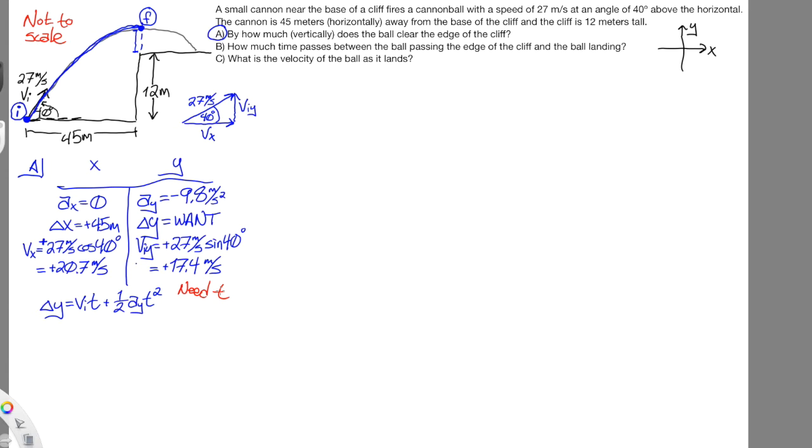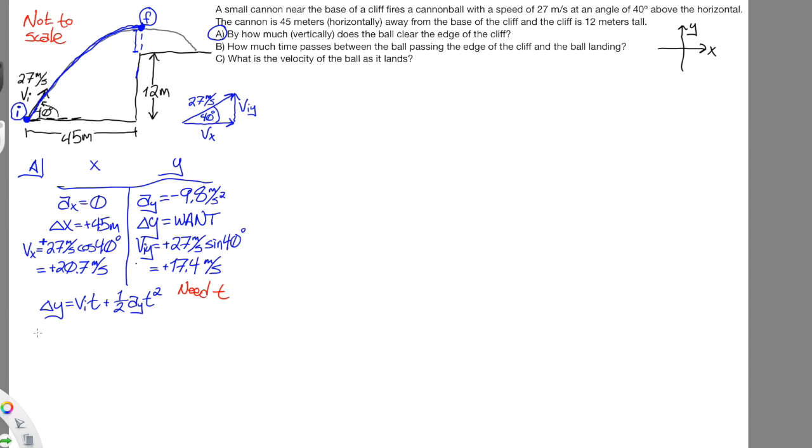So this time, the y direction can't find us our time. We're going to need to look in the x direction instead. It's because this final point up here, it's not when the ball hits some y coordinate that it stops the little timer we have going here. We want to know what happens when it passes this x coordinate. So that means that x is going to limit our time in this problem.